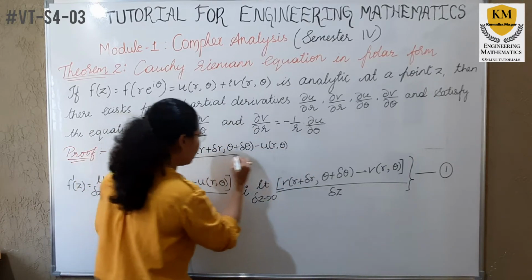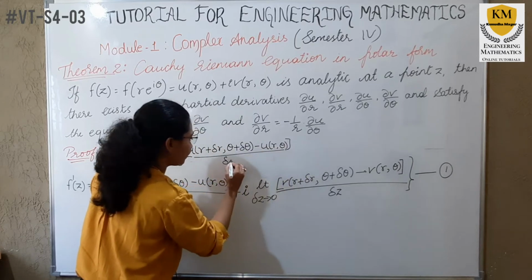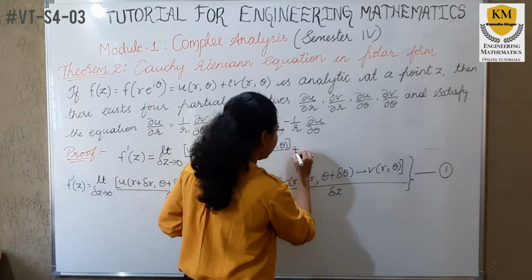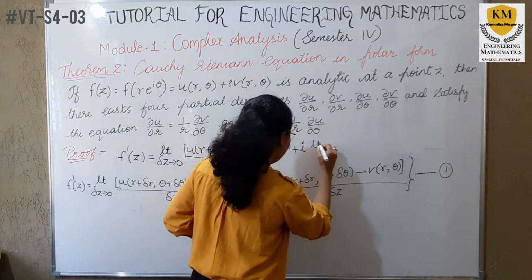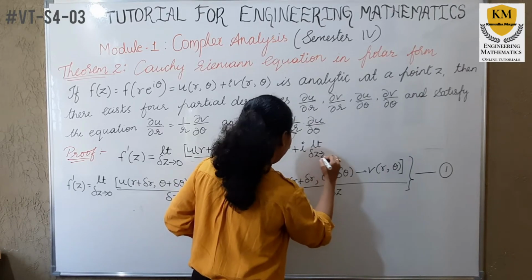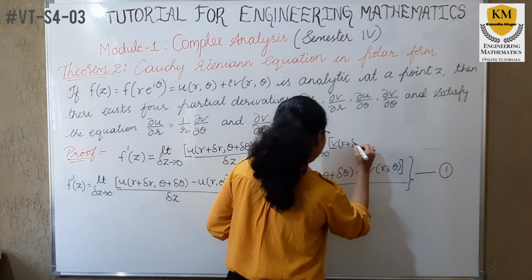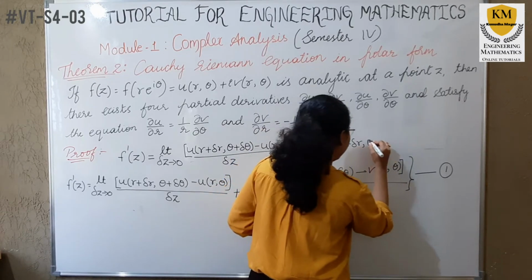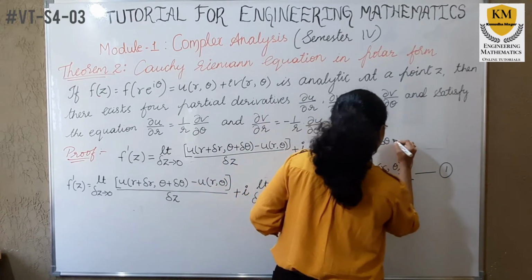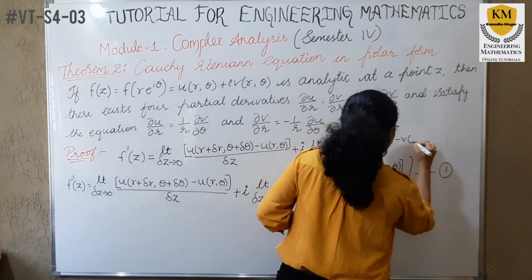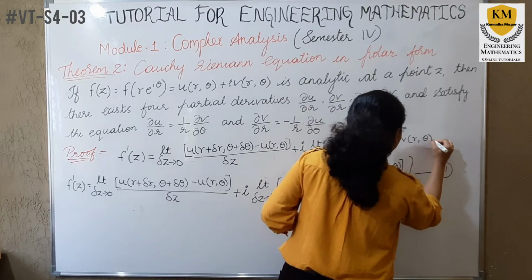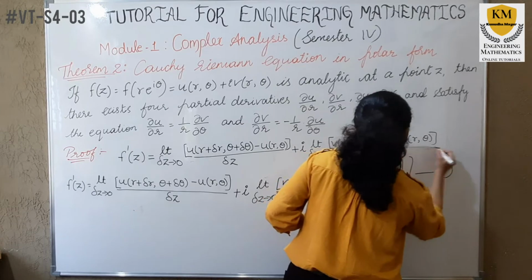Don't forget that, whole divided by del z, plus i limit del z tends to 0 is equal to v of r plus del r comma theta plus del theta minus v of r comma theta divided by del z.